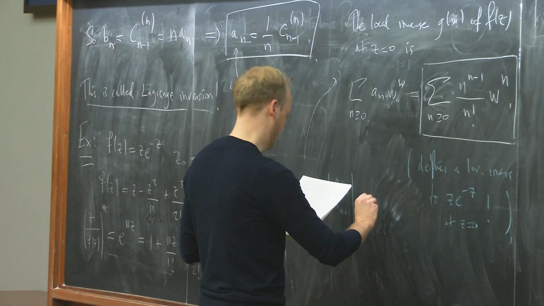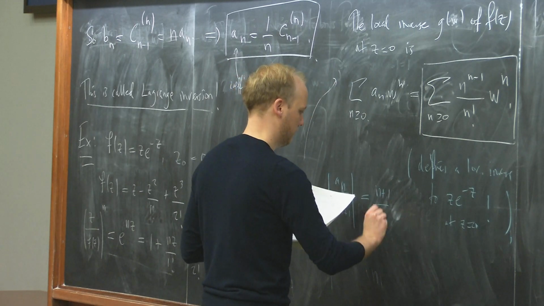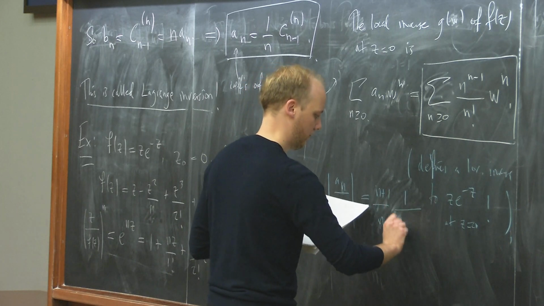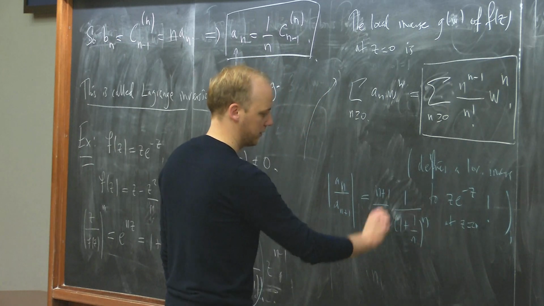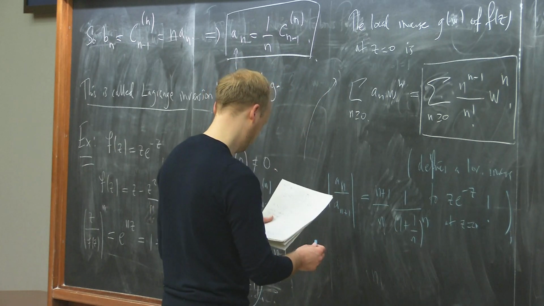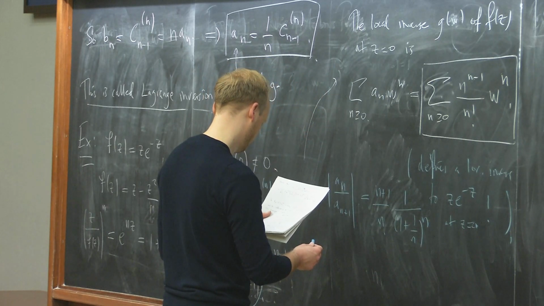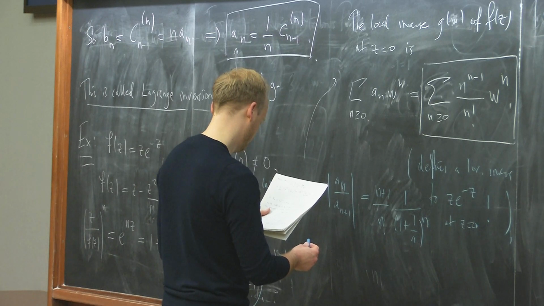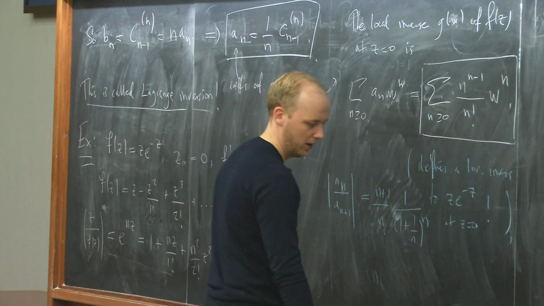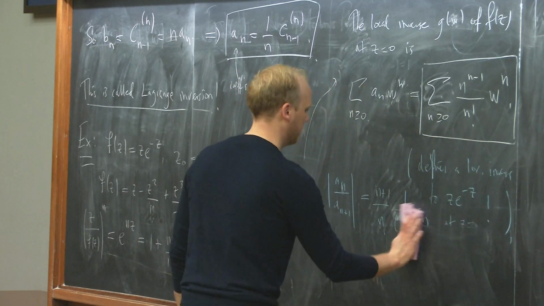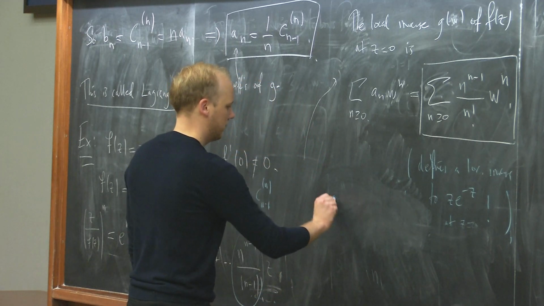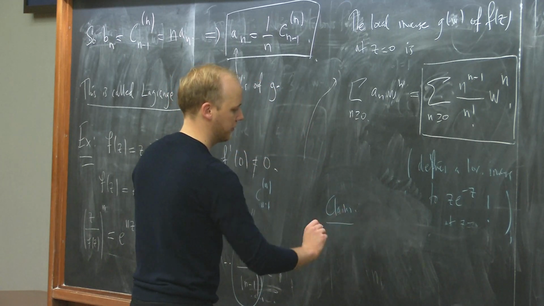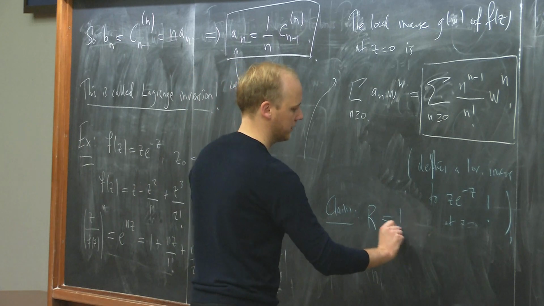Anyway, this is supposed to be equal to this. And this, of course, goes to 1 over e. I think what I wrote in the notes was I made some arithmetic error. So the claim, I hope this is correct, is that the radius of convergence is 1 over e.